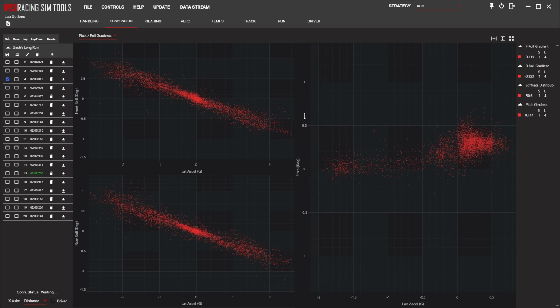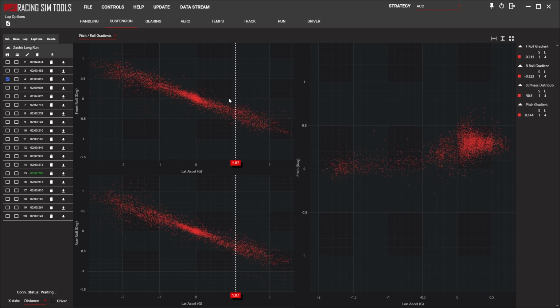One thing to note is we're not only interested in the front roll gradient or the rear roll gradient, we're also interested in the ratio between these two. A stiffer axle resists roll more, which means it's going to promote more load transfer on that axle.